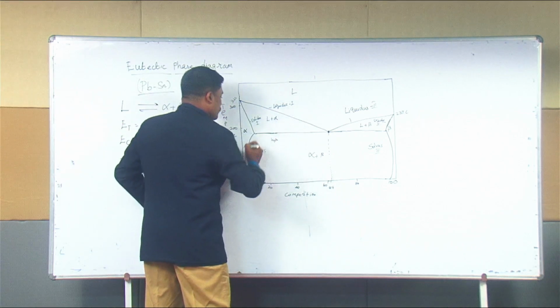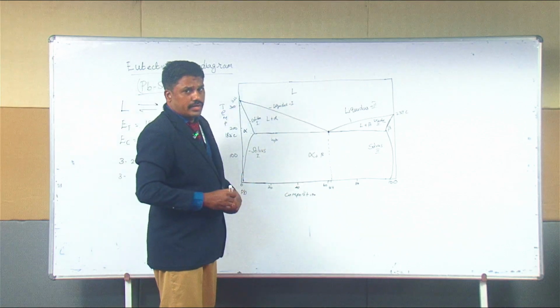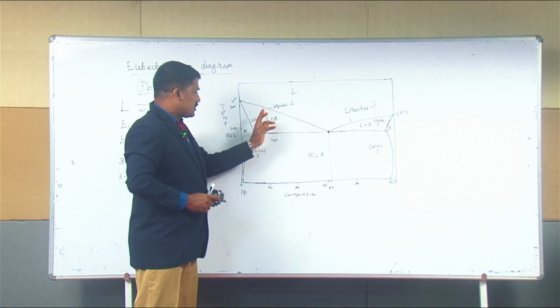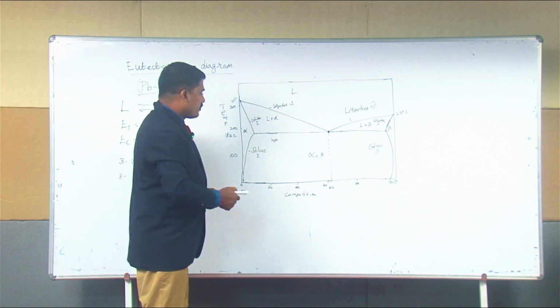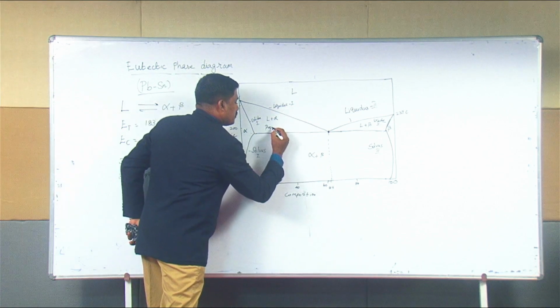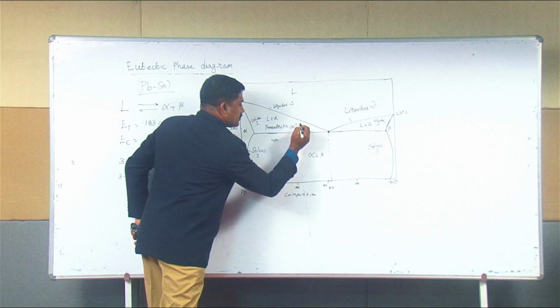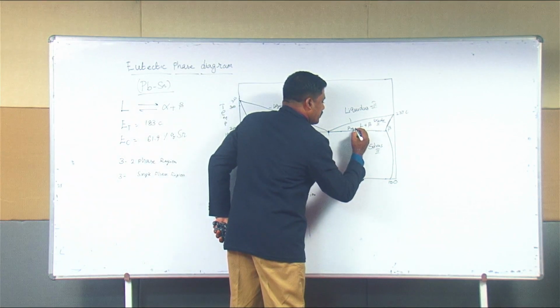Okay. So before reaching 183 degrees Celsius, the lead has to start the solidification. So therefore, this alpha is nothing but proeutectic alpha. In the other region, proeutectic beta.